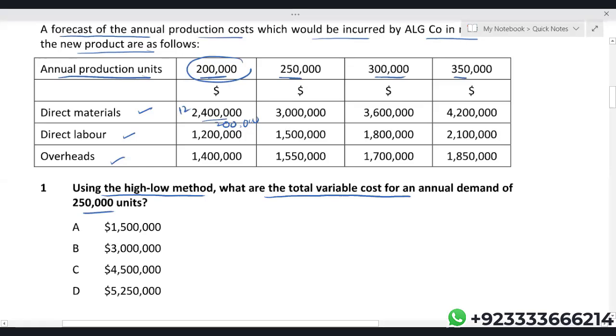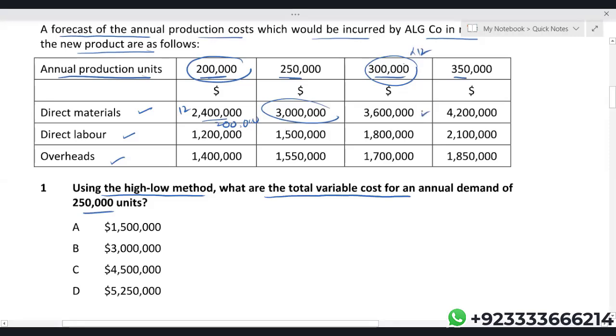Now let's check this one. 3 million divided by 2 lakh 50,000 is also 12 per unit. We know the direct material cost is 12 per unit, so you can do 300,000 multiplied by 12, and you get 3.6 million.